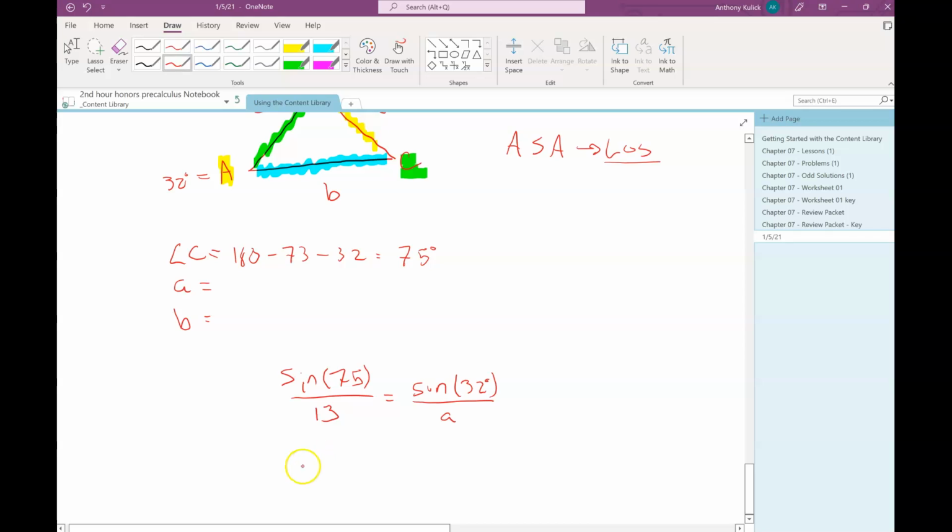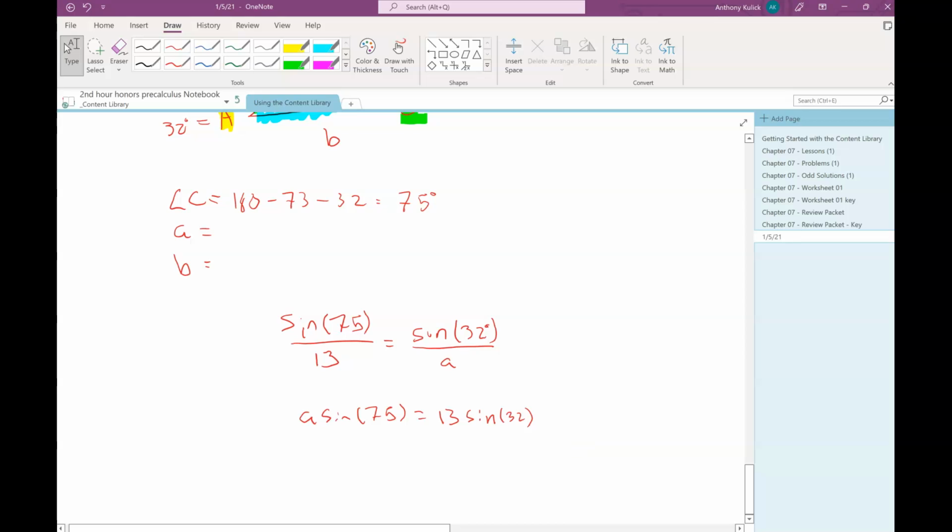So I'm going to cross multiply. And then divide both sides by sine 75. And then it's calculator time.